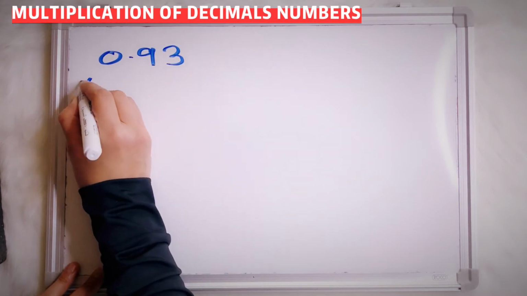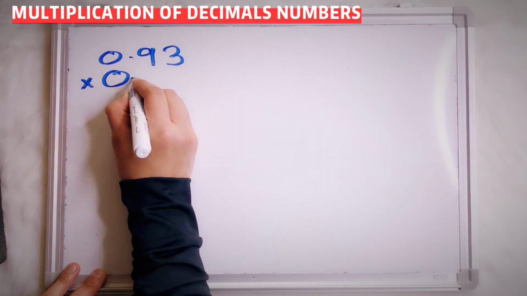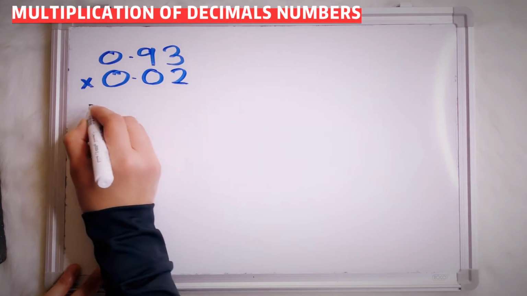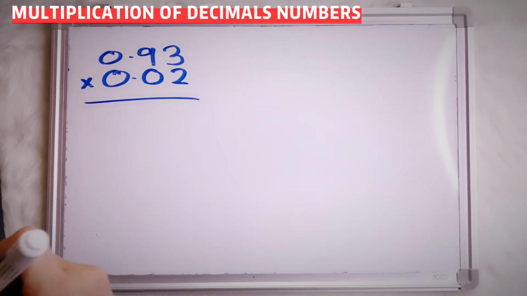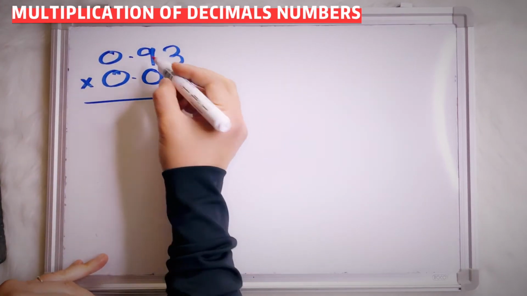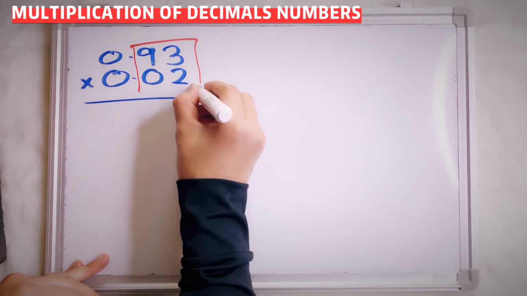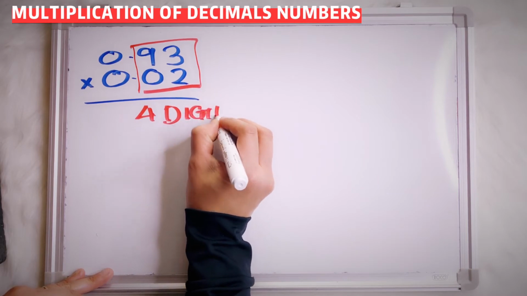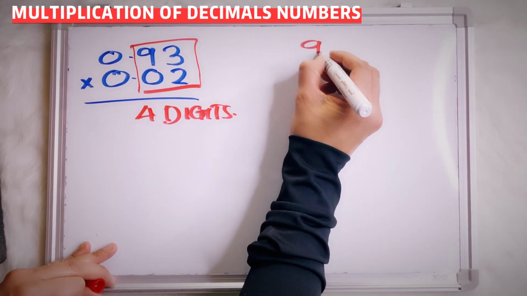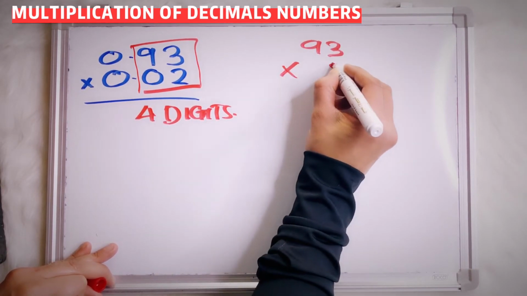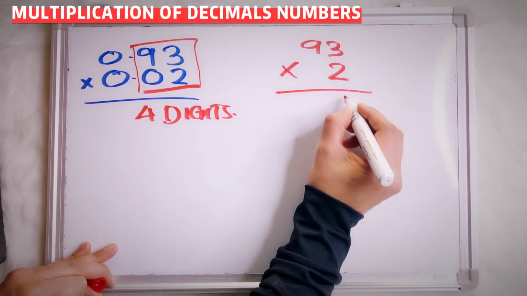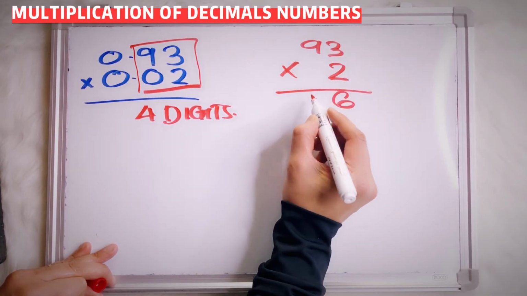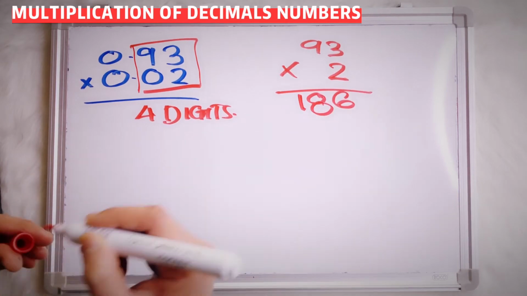0.93 you multiply with 0.02. How many digits after the decimal? We have 4 digits here, correct? 4 numbers. So 93 you multiply with number 2. 3 times 2, 6, 9 times 2, 18, correct?